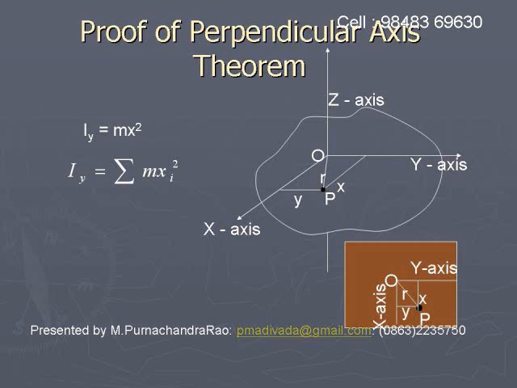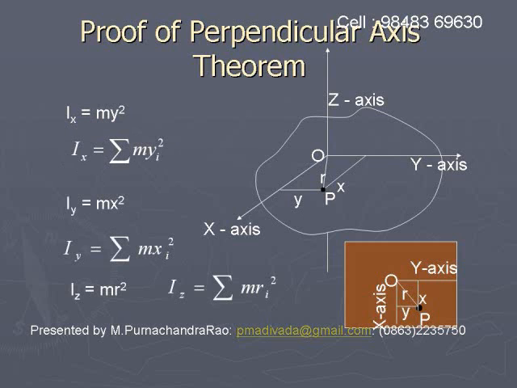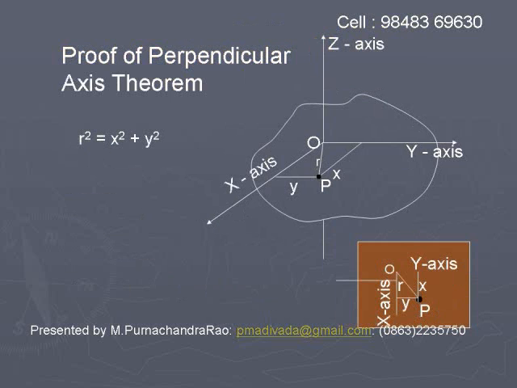The total moment of inertia about y-axis is Iy is equal to sigma mxi square. The moment of inertia about z-axis is mr square.